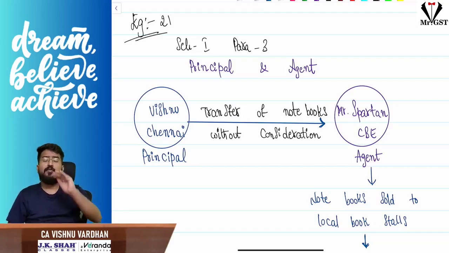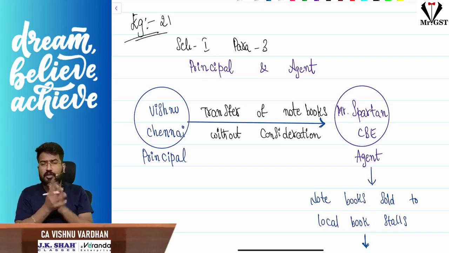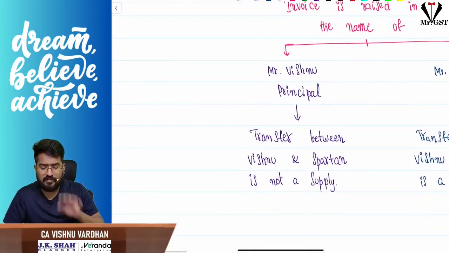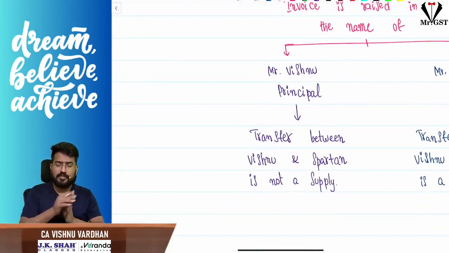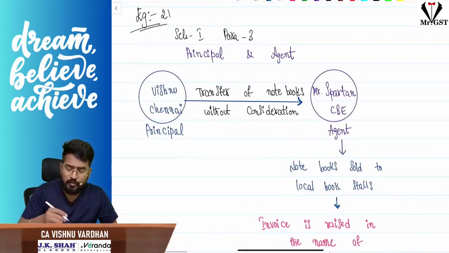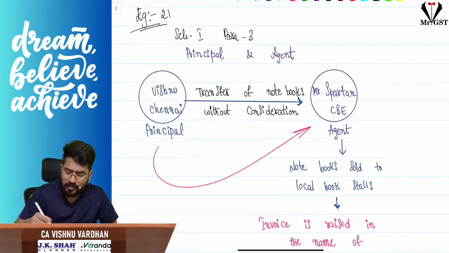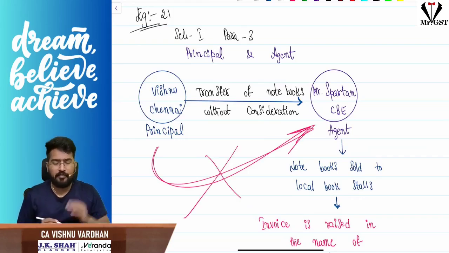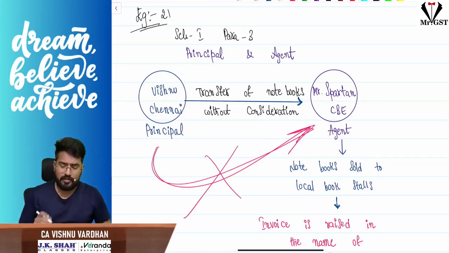But now when Spartan is selling it to the local bookstall owners, who raises the invoice to the local bookstall owners is what matters. When the principal himself is raising the invoice to the local bookstall owners, whatever movement is happening between principal and agent is not a supply. Okay, directly the principal is raising the invoice on the bookstall owners, fine.